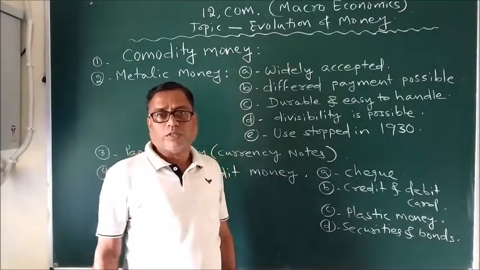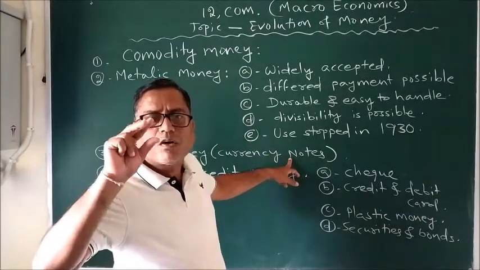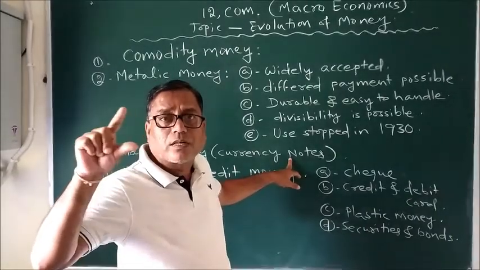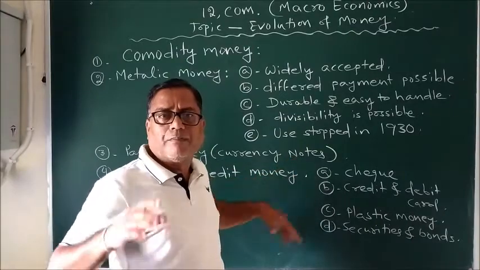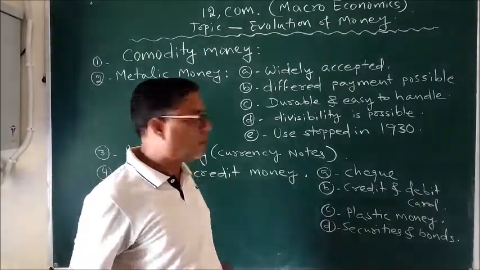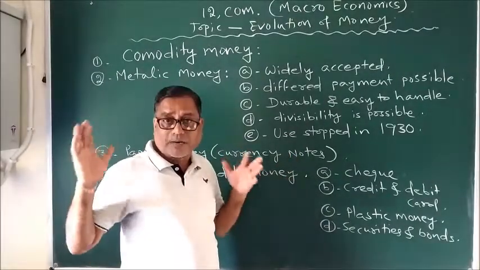Here I would like to remind you that 1 rupee coins and all the coins and 1 rupee currency are actually prepared by the Ministry of Finance, not RBI, and the remaining denominations of currencies are printed by RBI.